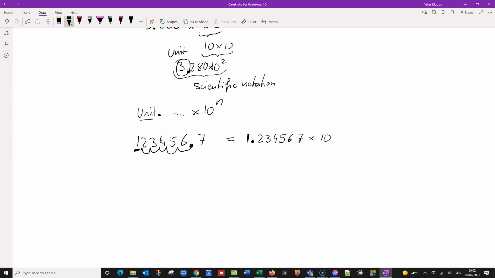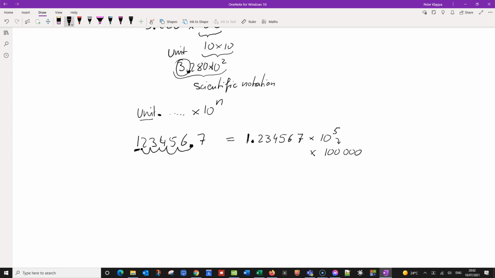So we would move it 5 times. And therefore it would be 10 to the power of 5. So this number, 123,456.7, is 1.234567 times 100,000. That is this 10 to the power of 5.